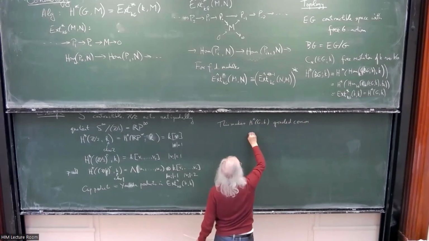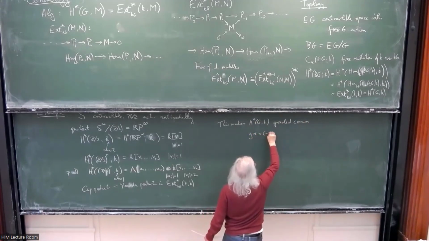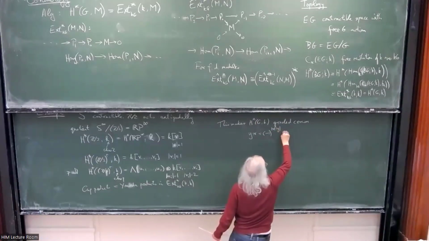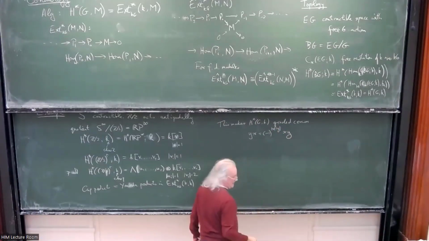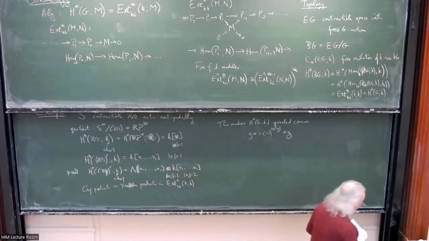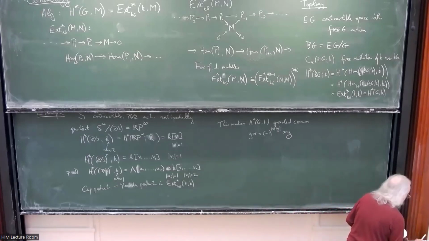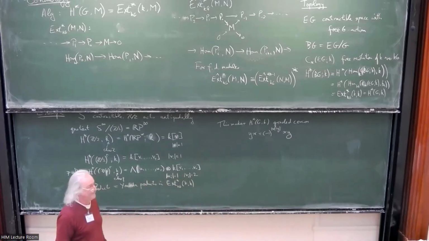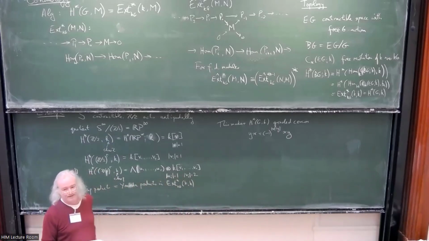Graded commutative means that yx is minus 1 to the product of the degrees times xy. In particular, if you quotient out the nilradical, it's a commutative ring.